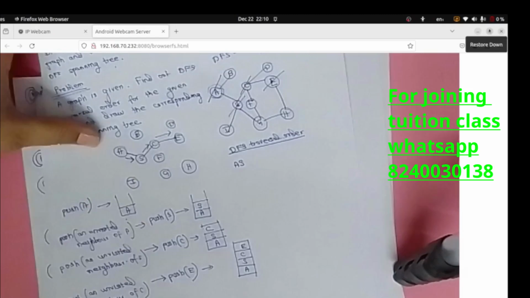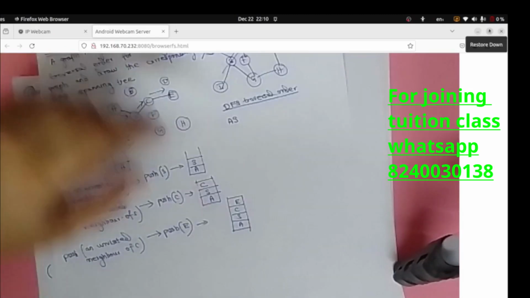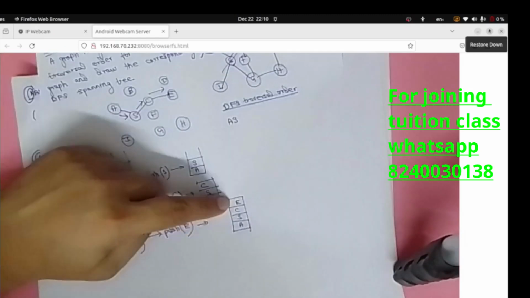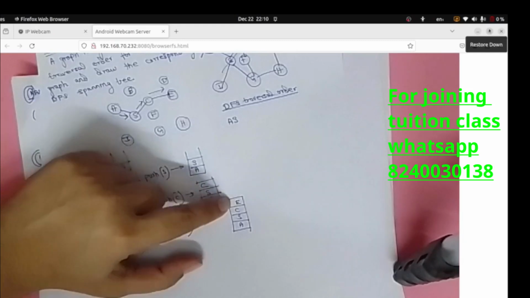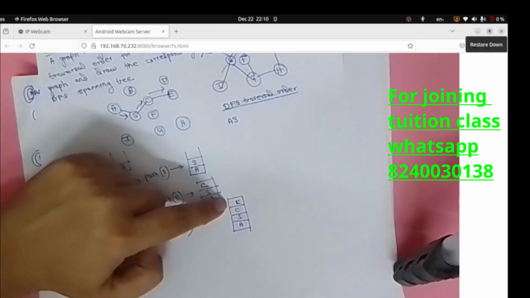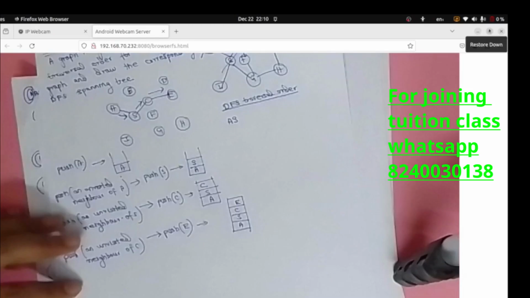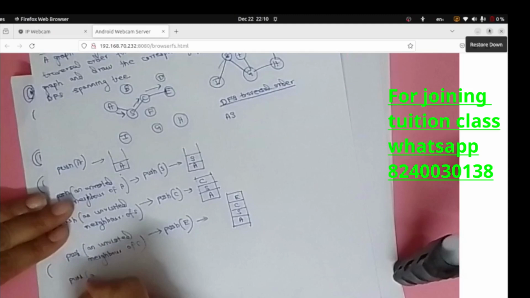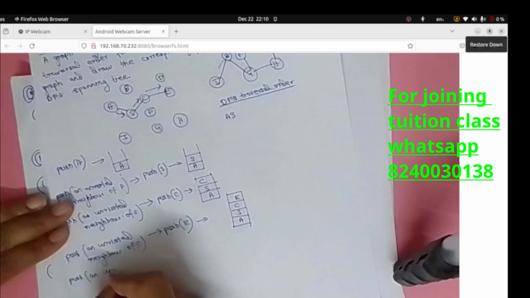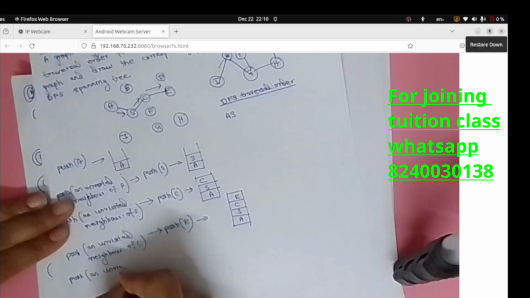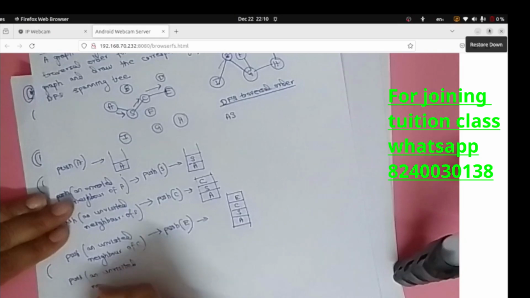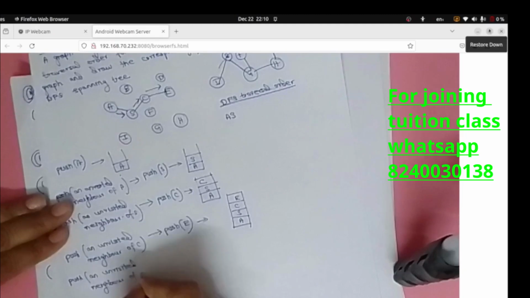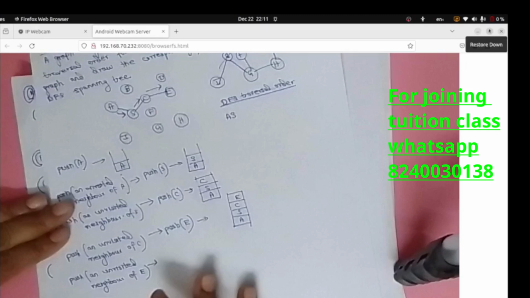Now, the topmost element of the stack is E. So we will do a push operation for this topmost element. So what the operation will be? It will be push an unvisited neighbor of E. So we have to find out from the graph here.